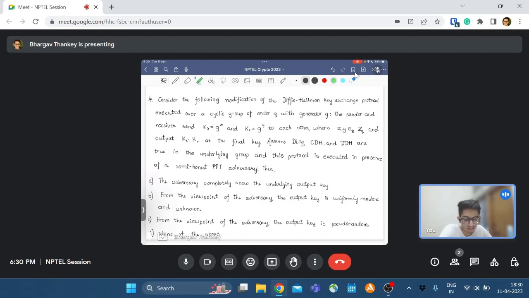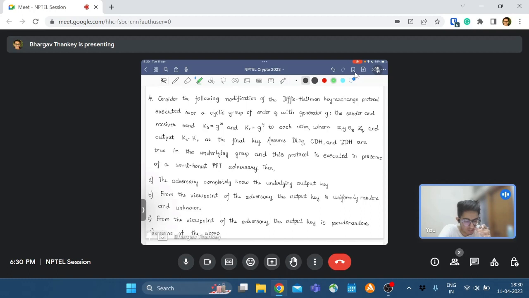So recall that in the Diffie-Hellman key exchange, the final key output would be Ks to the y, which would also be equal to Kr to the x. But in this case, to obtain the final key, we are just going to multiply Ks and Kr.